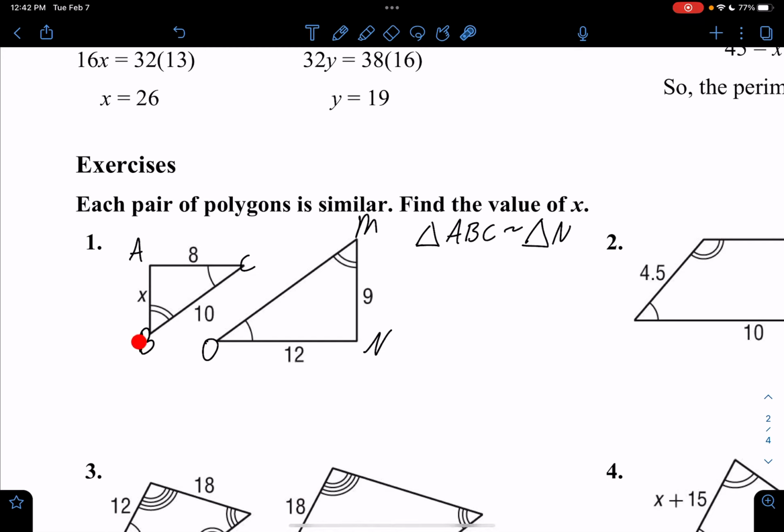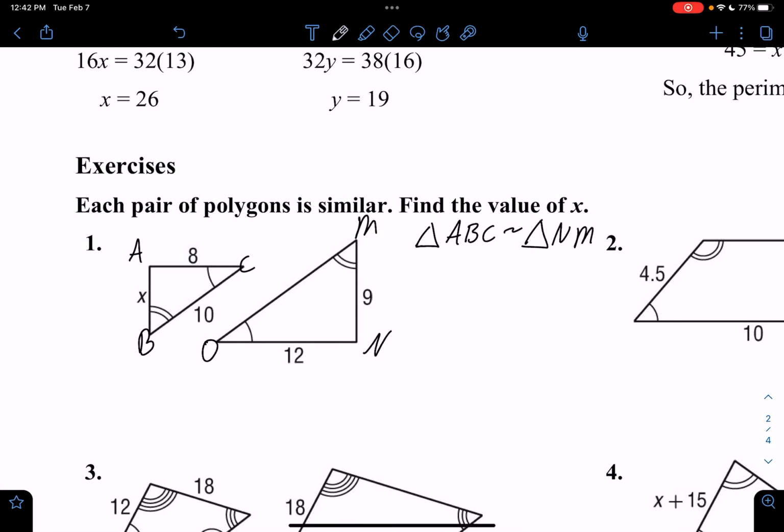B, 2 markings, M, 2 markings, so I'm going to put here M. And finally, of course, the last one is going to be O.